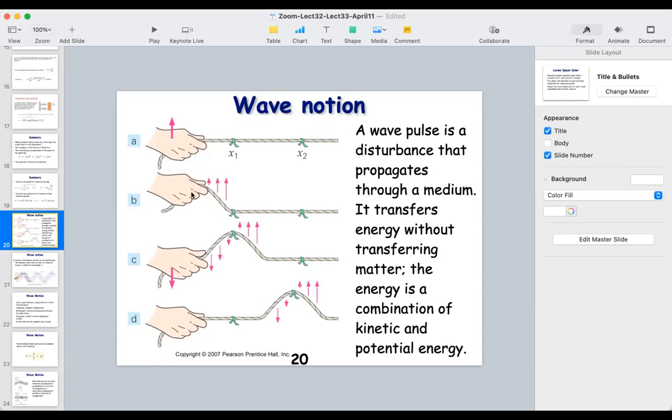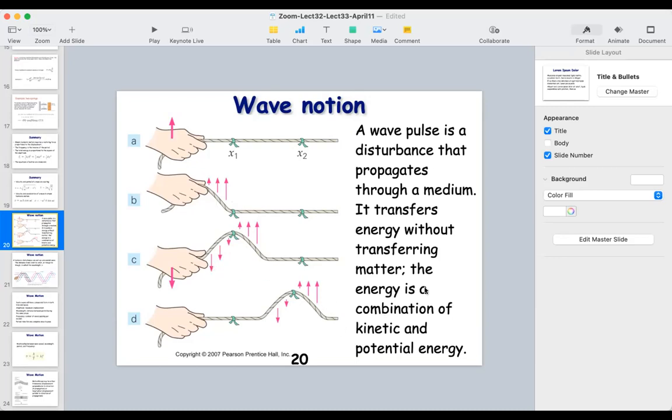As you see, the wave propagates in the medium, right? You start here going up and then it propagates, which means that it transfers energy without transferring matter. Matter is still the same, it's still our rope, but the energy is moving from the position of my hand until the end of the rope.